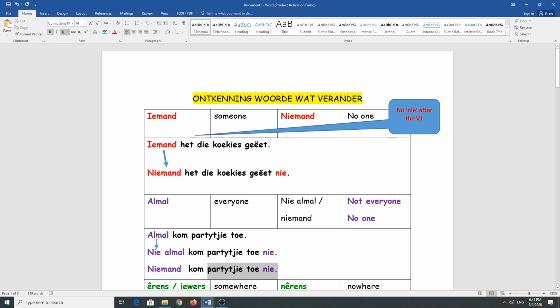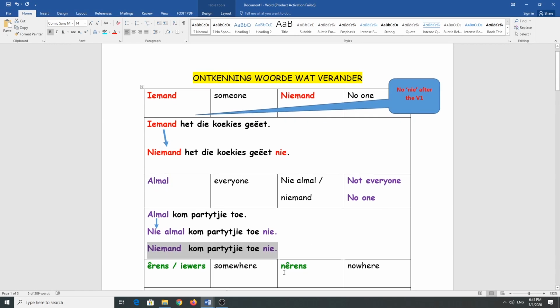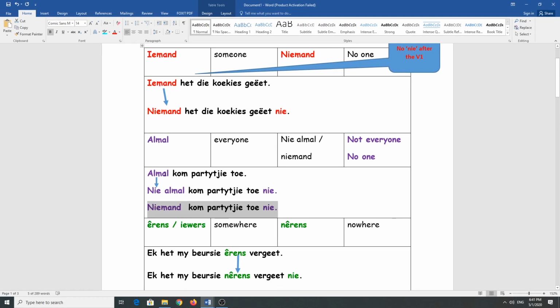This total negative here is better in a test or exam situation. But in real life, we can sometimes make a sentence like everyone is coming to the party negative by saying not everyone is coming to the party. Or you can say no one is coming to the party. Stick to the no one in a test or exam situation. So here you can also see the almal became niemand, and then I put the nie at the end.